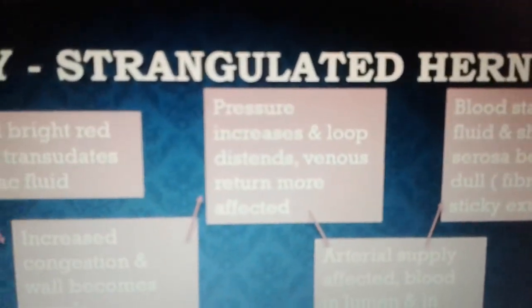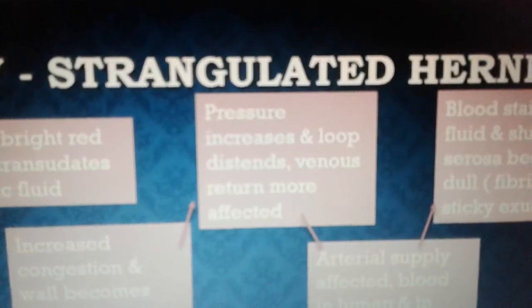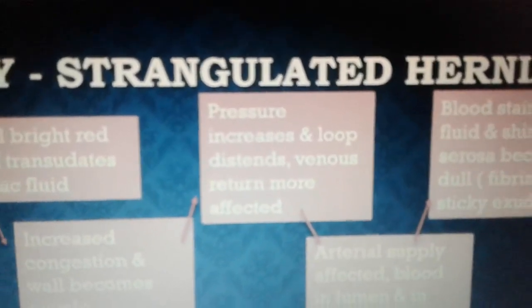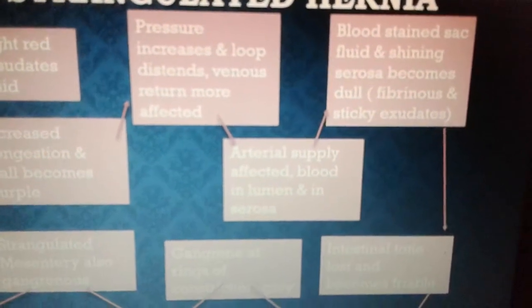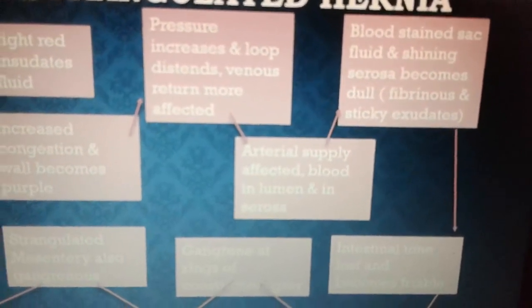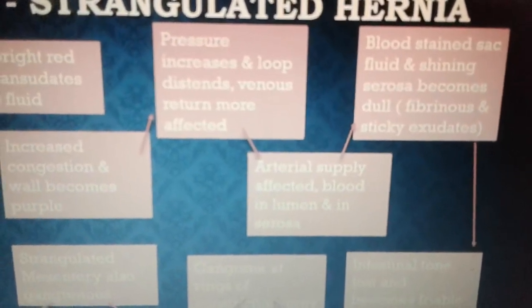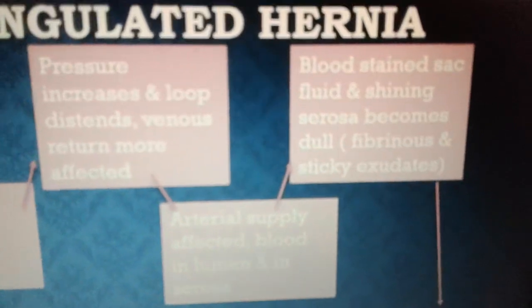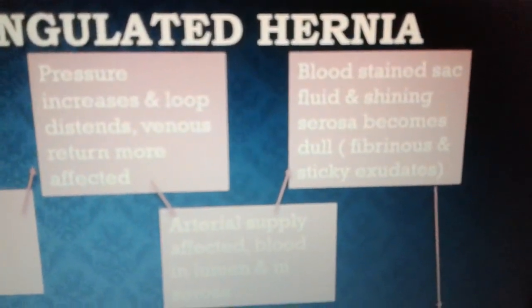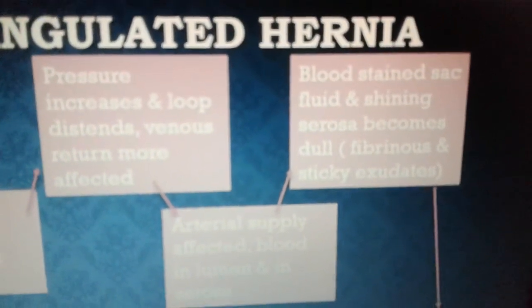Then what? The intestinal tone is lost and it becomes friable. Bacterial transudation and infected sac fluid is there. Now it has started, bacterial transudation. Then what? Gangrene at rings of constriction appears, gray in color. Then what?